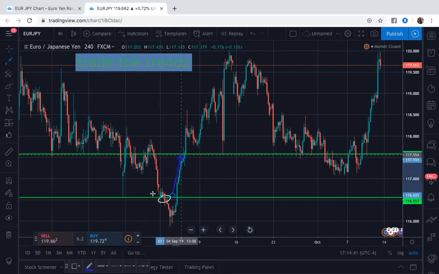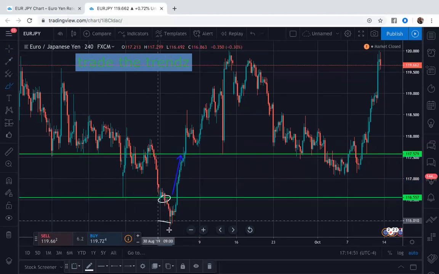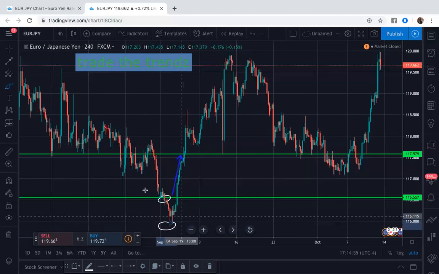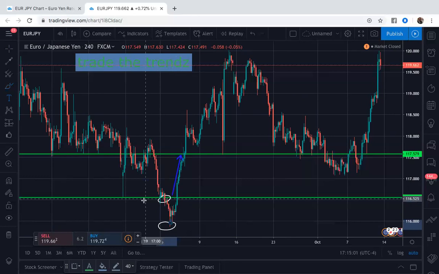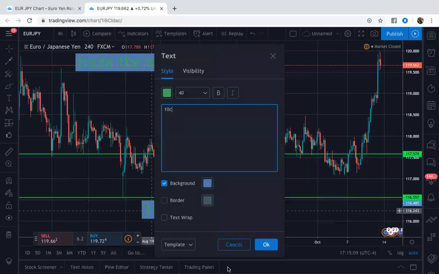It didn't go right away. So the software said, if it goes the wrong way, I'm going to put in another trade here at a higher lot size. Say, for example, we put this one in for 10 cents.